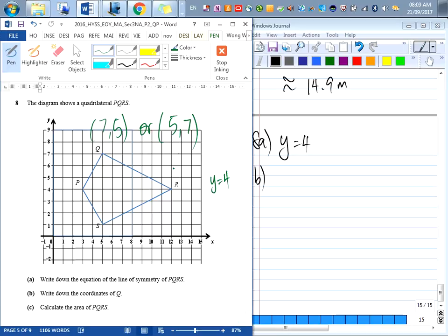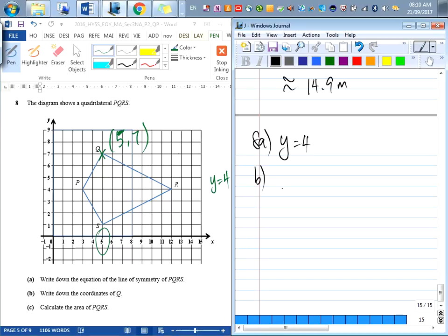Then you will need to kick yourself after the exam is over because it's so easy. Only one thing you remember, we look at the x coordinate first. So Q is actually 5, 7.